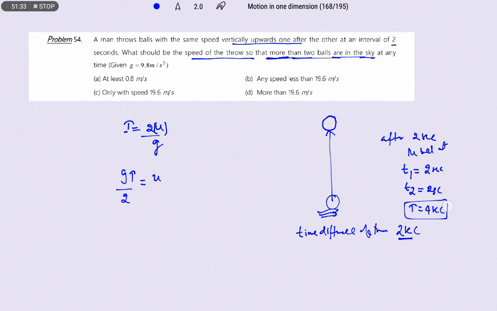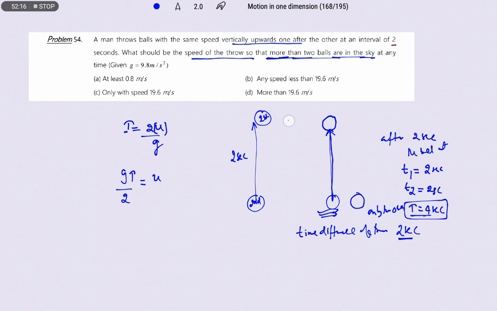If it is 4 seconds, then how many balls will be in air? One ball will be at the highest position and another ball will reach the ground. That means only two balls will be in air if time of flight will be 4 seconds. Try to understand. So first ball is thrown into air, reaches the highest point in 2 seconds, and after the 2 seconds are over, the first ball is here, and now he starts throwing the second ball.